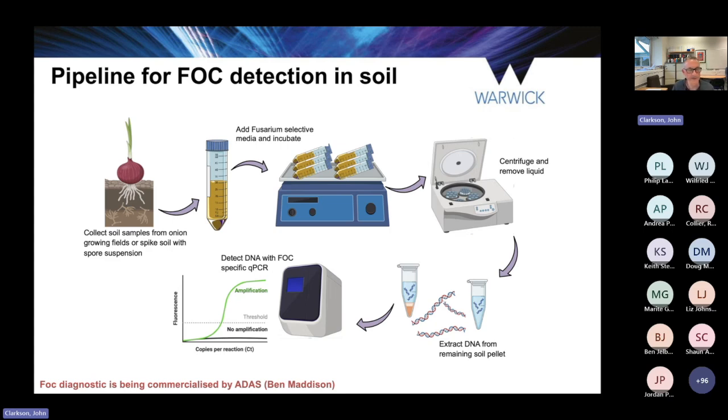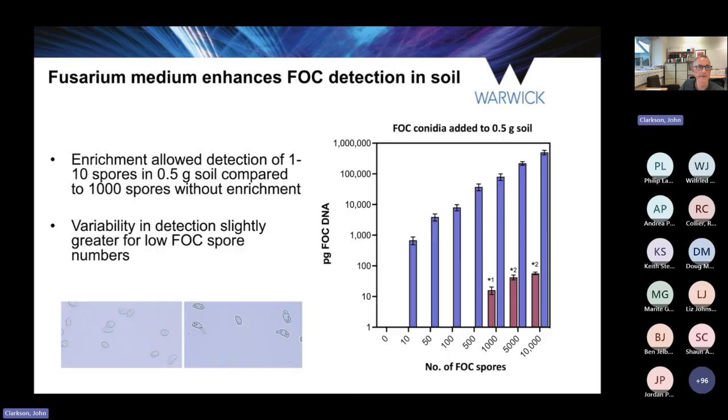So if there's any Fusarium spores in there, they germinate and grow a bit, and therefore you're going to boost the amount of pathogen in your sample. We then centrifuge that, and extract the DNA from the soil pellet and what was growing in the media before we run our PCR. So we call this enrichment.